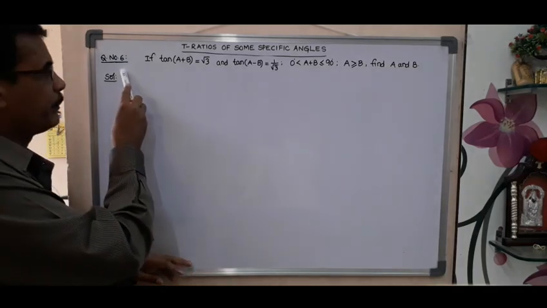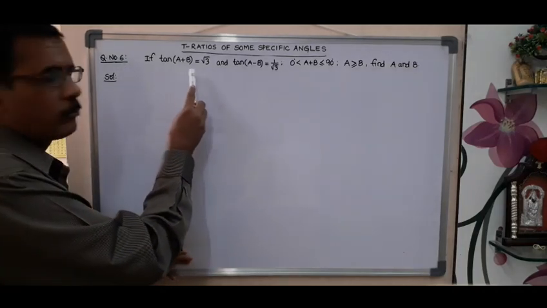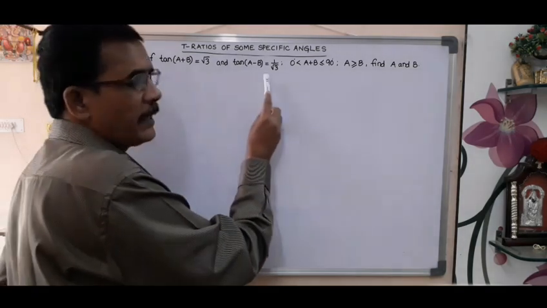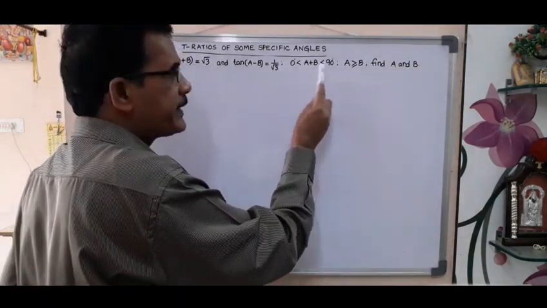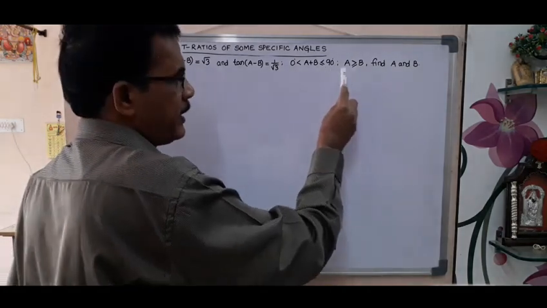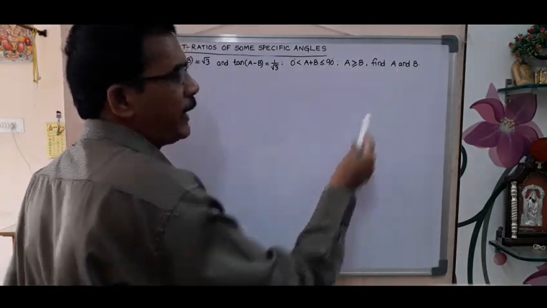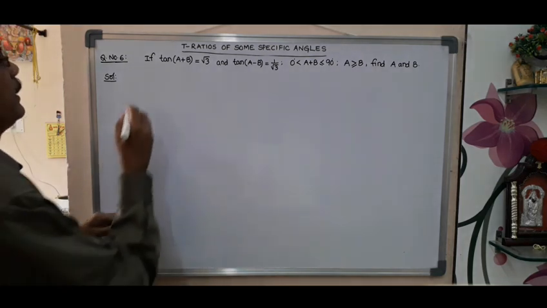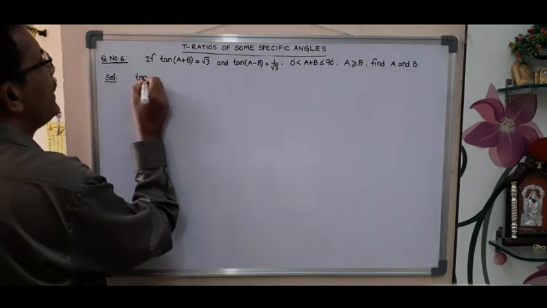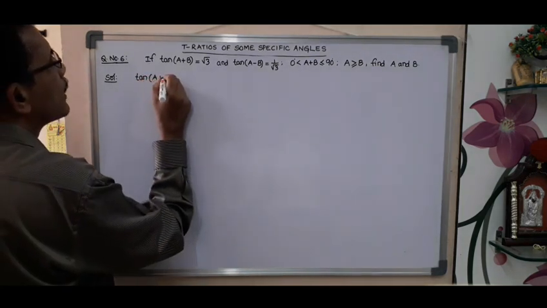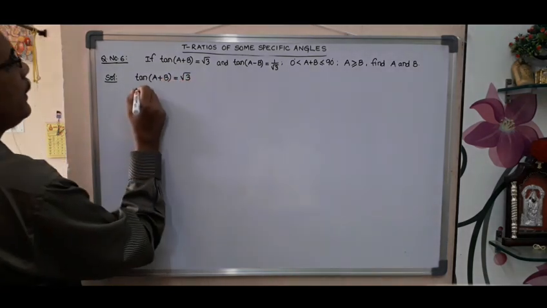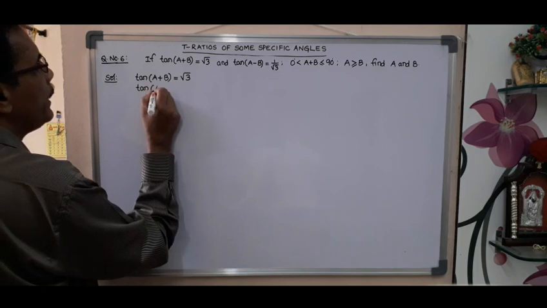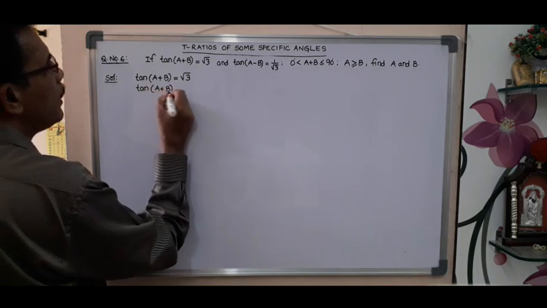Question number 6. If tan(a + b) is equal to √3 and tan(a - b) is equal to 1/√3, a + b lies between 0 degrees and 90 degrees, a is greater than or equal to b, find a and b. Tan(a + b) is equal to √3.